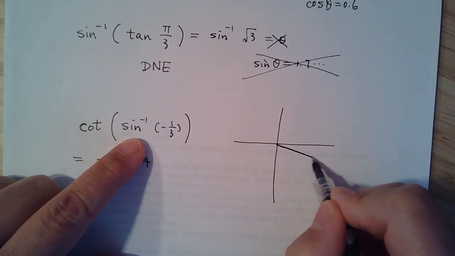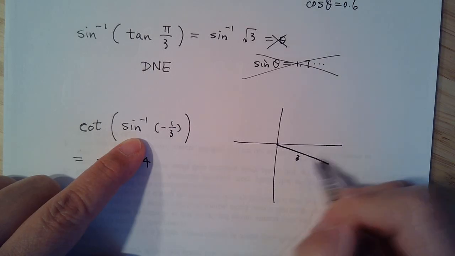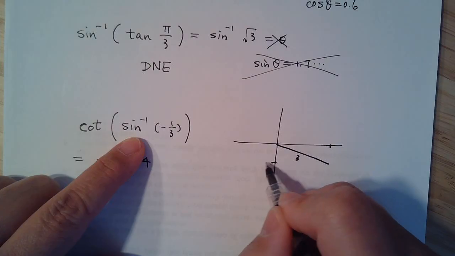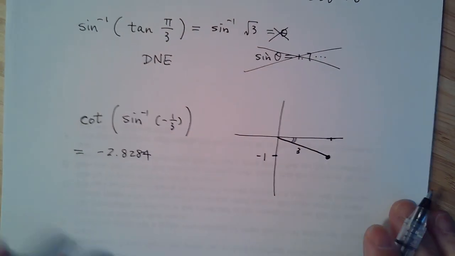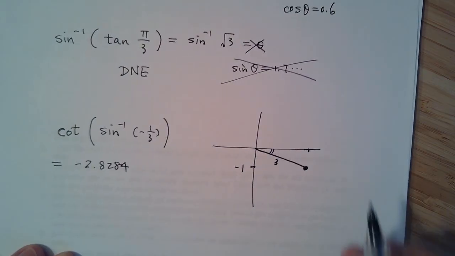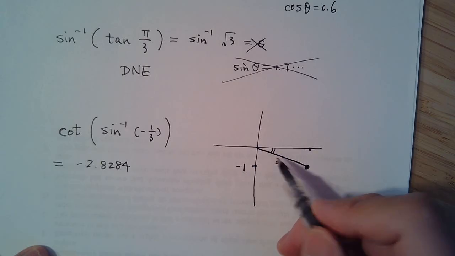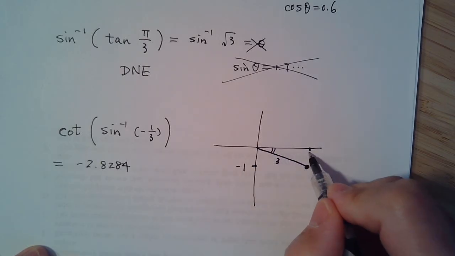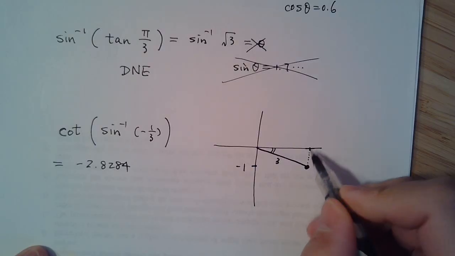So it's like that: 3 and negative 1. That's this angle. So what is the cotangent of this angle? This angle's sine is negative 1 over 3. So y is negative 1, or the length is 1.